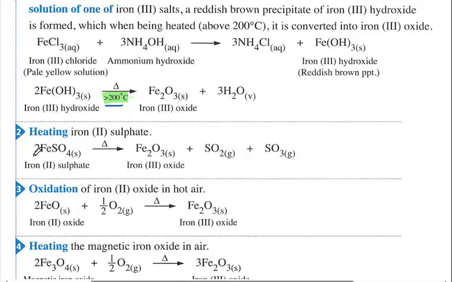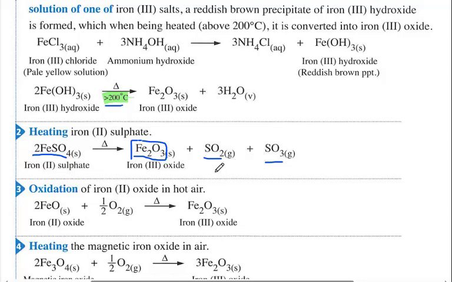Another way: ferrous sulfate is heated to form ferric oxide and sulfur dioxide and sulfur trioxide. So by strong heating of ferrous sulfate or iron 2 sulfate, it forms ferric oxide or iron 3 oxide and sulfur dioxide and sulfur trioxide.